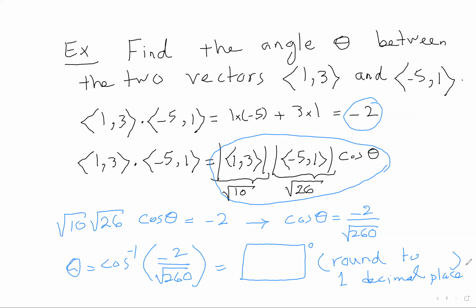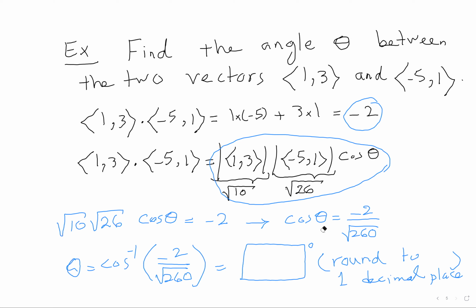Since in this example we want to find the angle in terms of degrees, set your calculator on the degree mode, not radians, because the sign here is the sign of degrees.